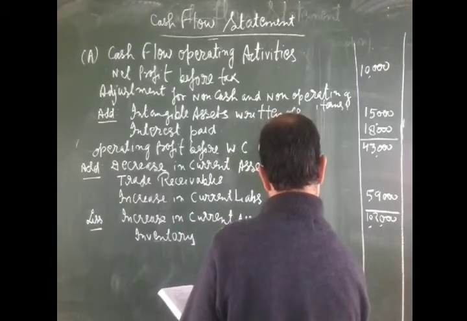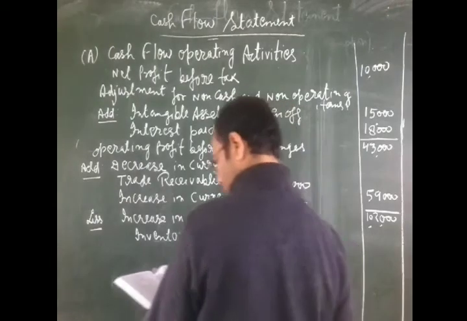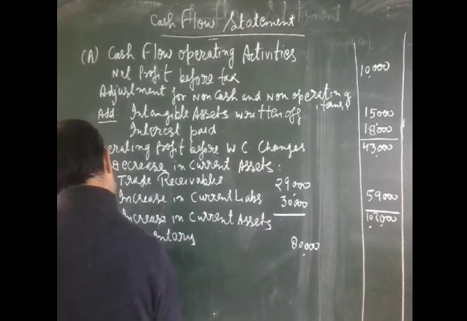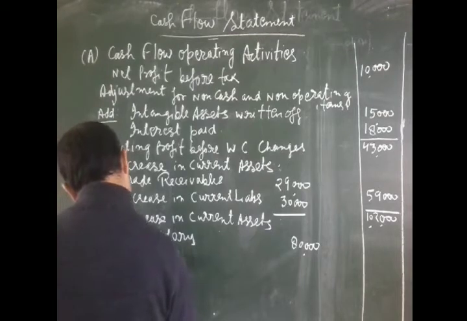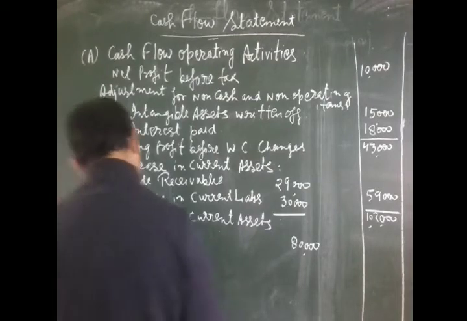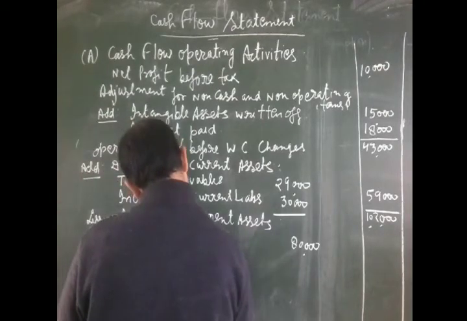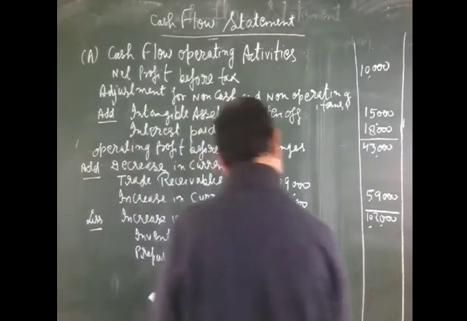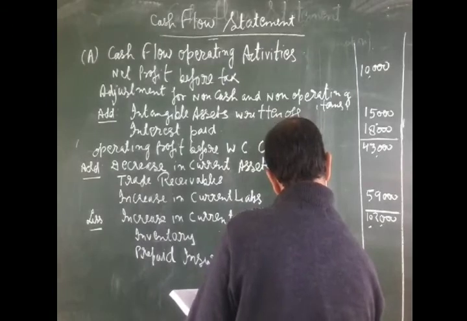The next current asset is given, prepaid insurance, and the amount will come 5,000.